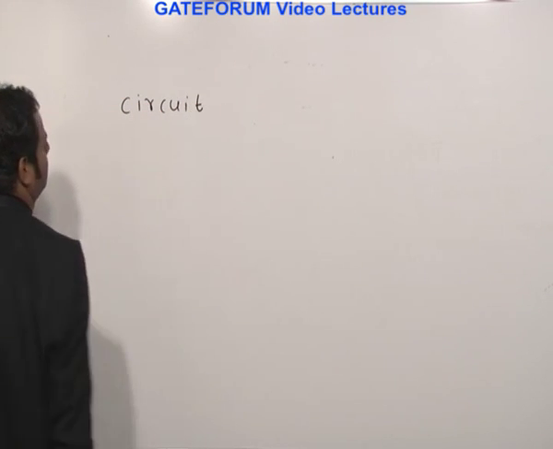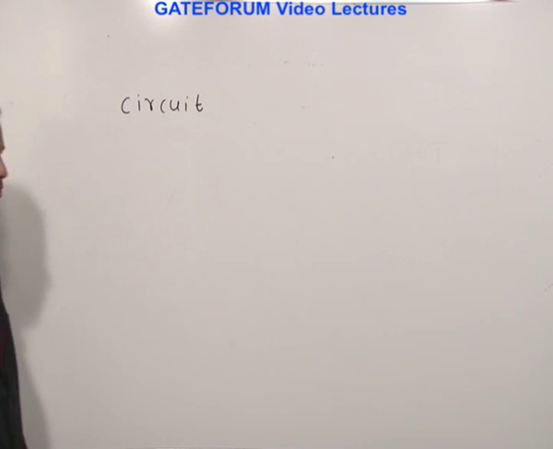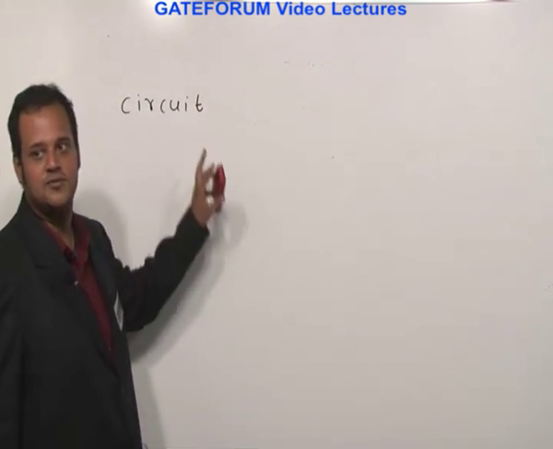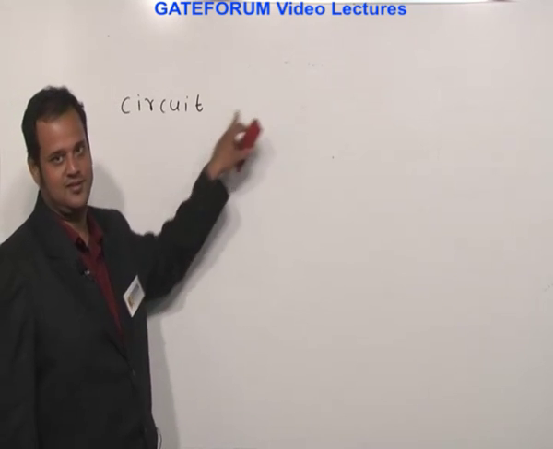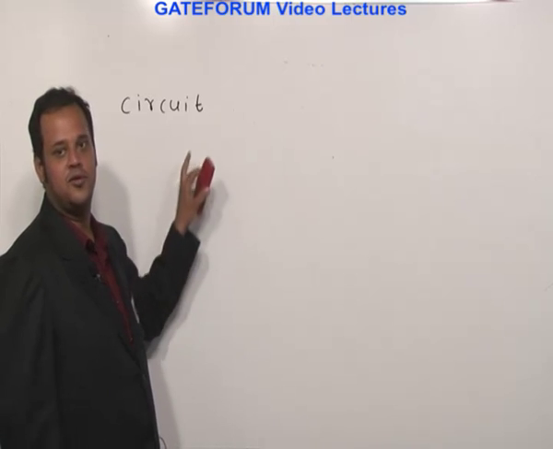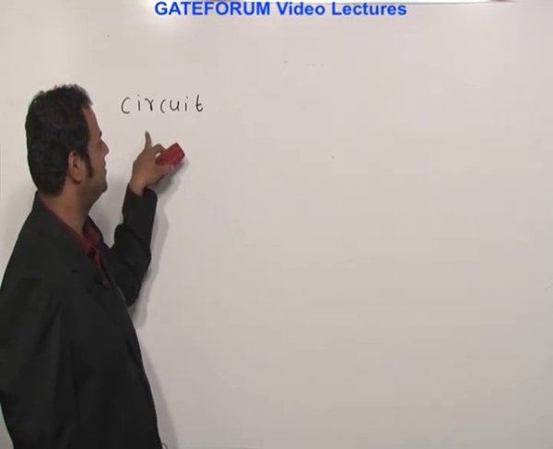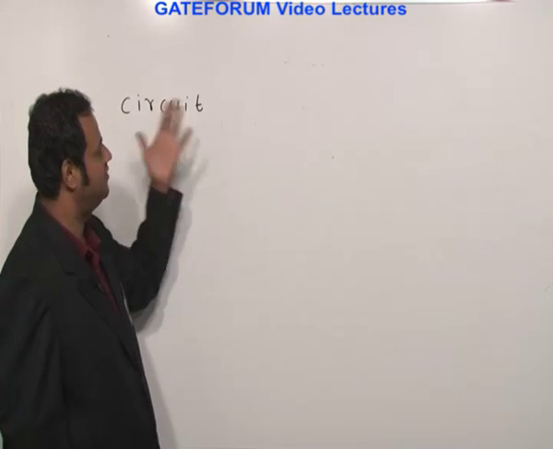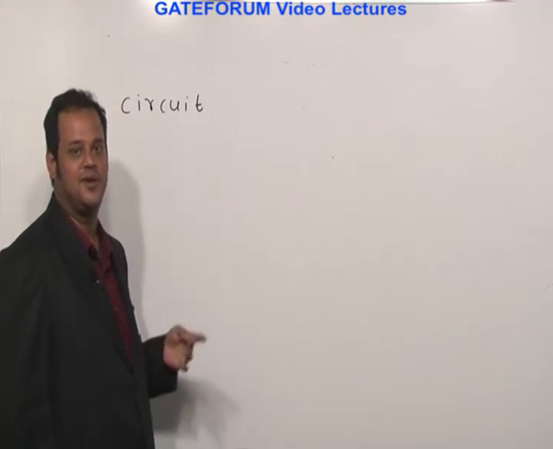C-I-R-C-U-I-T. What should I pronounce for this particular word? In the South Indian states, it is pronounced one way, but if you go to the north, it is pronounced another way. If you go to West Bengal, they pronounce it differently. I have seen this in physical classes when I go.